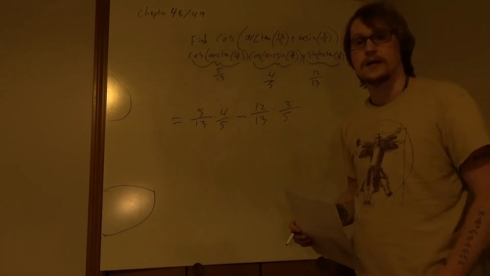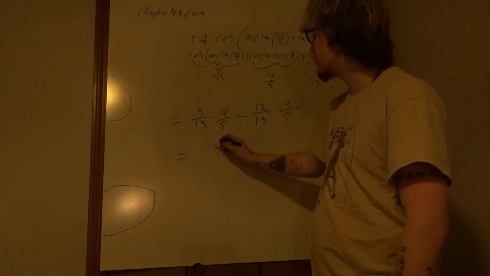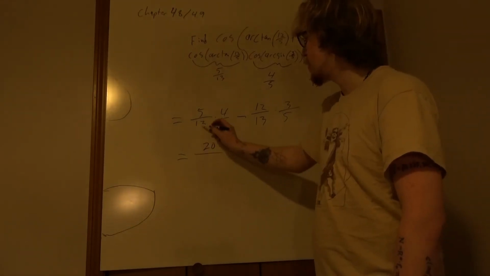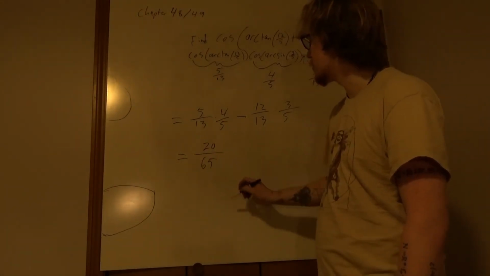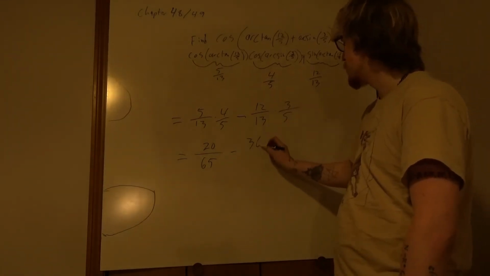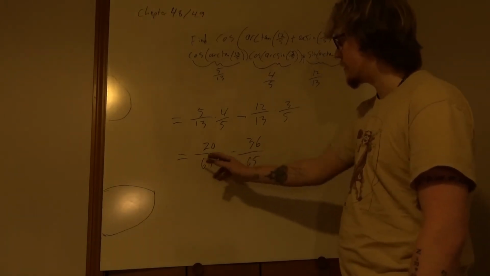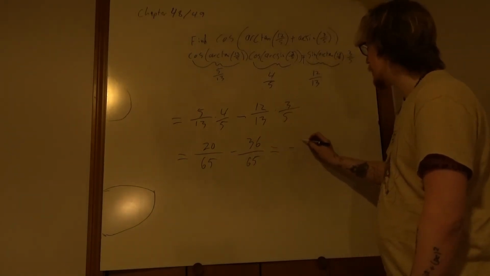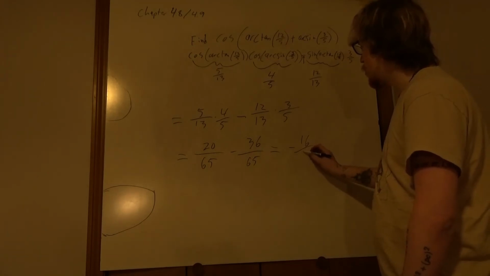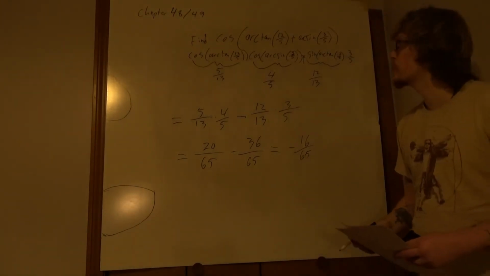So I'm not going to do that cancellation. Instead, I'm going to say this becomes 5 times 4 is 20, 13 times 5 is 65, and then over here we have minus 12 times 3 is 36, and 13 times 5 is still 65. Now they have the same denominator, and this is going to be negative 16 over 65. Which is the correct answer.